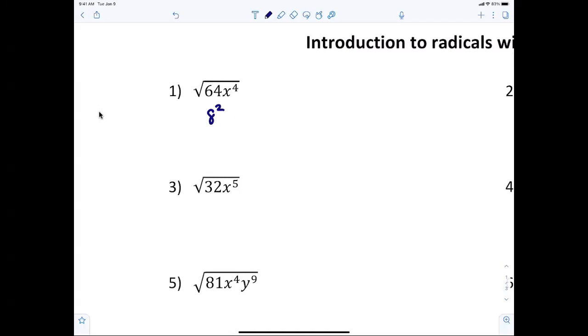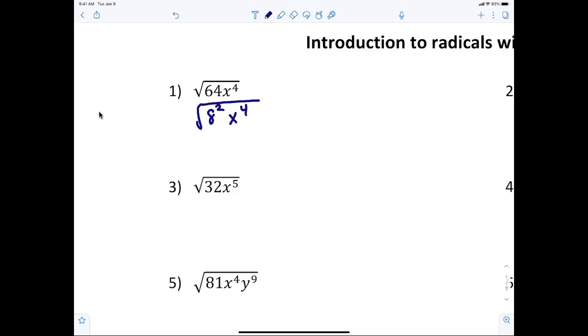All right. And so now when you take the square root, the way I tell kids is you're taking them out in groups of 2. So if you have 8 squared, how many groups of 2 are there? Stop.